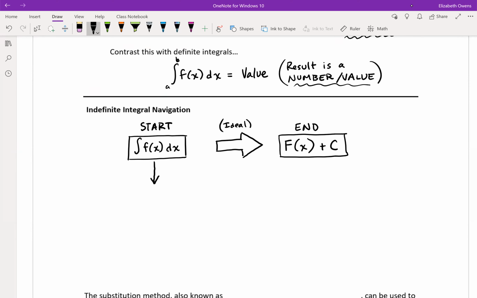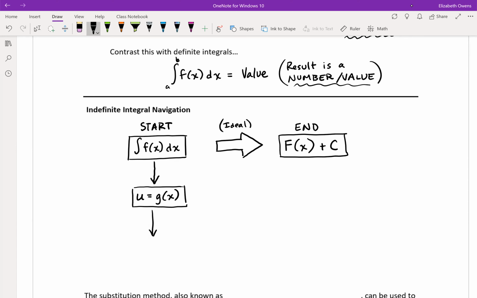We're going to let the variable u represent some portion of this indefinite integral. We're going to call it g of x. It doesn't have to be the entire integrand, and really it's not going to be if we're using this method. So you make this little substitution, a stop off there.